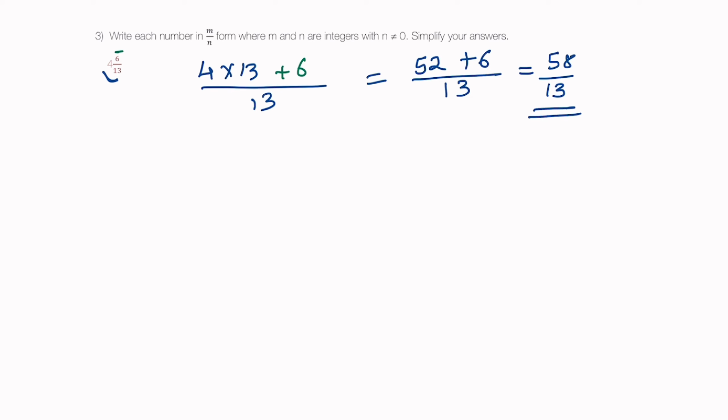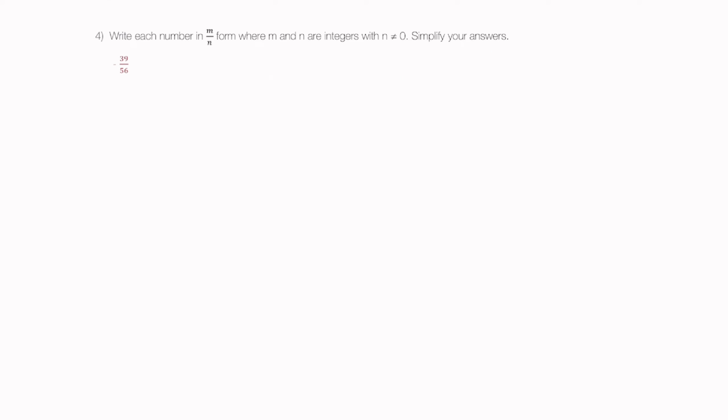Because 13 is a prime number, 13 does not go in 58, or 58 is not a multiple of 13. We leave it here.